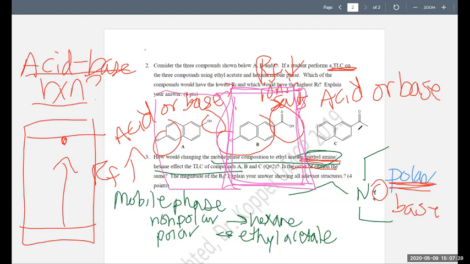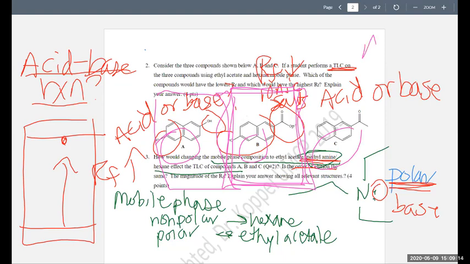So you would expect the elution order of B, then A, then C. I don't think A will deprotonate. I don't believe so, but you can just double check with pKs, but that's the idea.